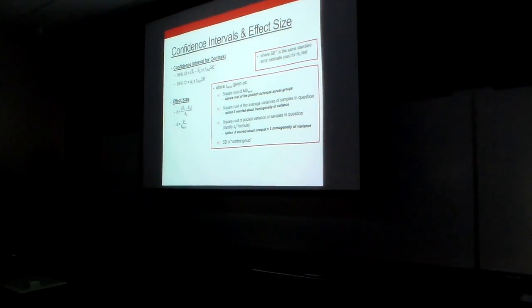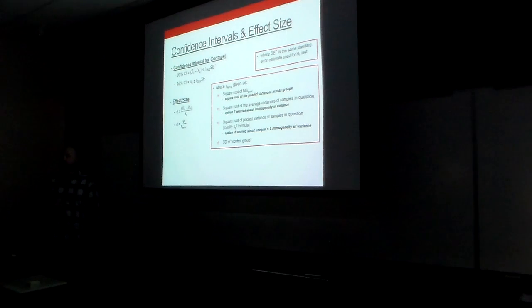So it's just a simple extension of your pooled variance estimate that we've been using before. If I've got different sample sizes and different variances, and I have violations of homogeneity of variance, this might be a more effective way to calculate my standardizer here. Okay?